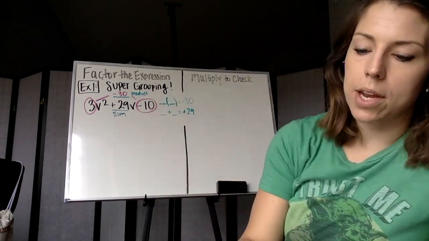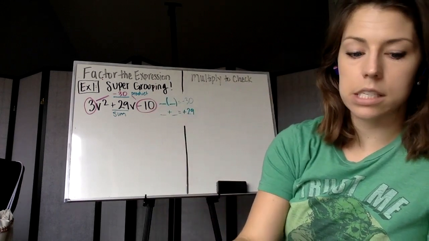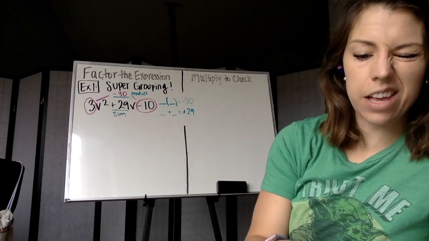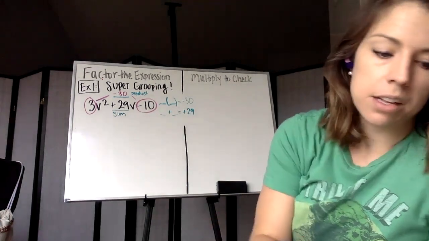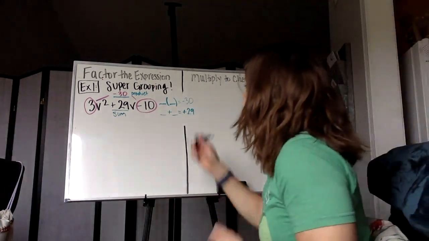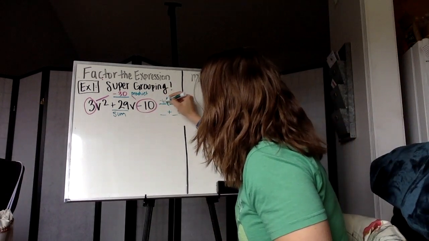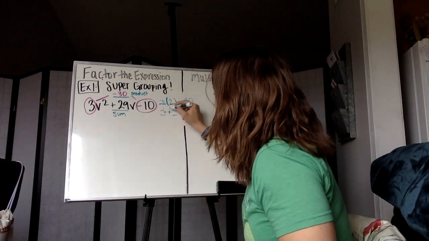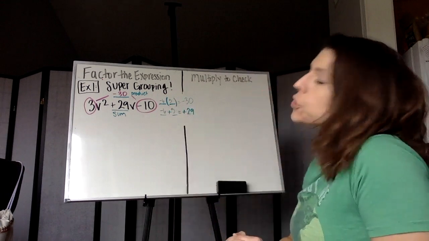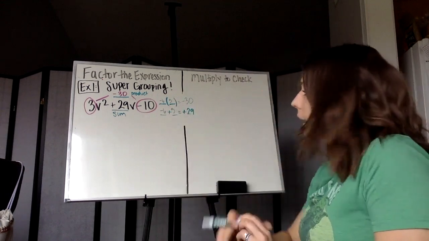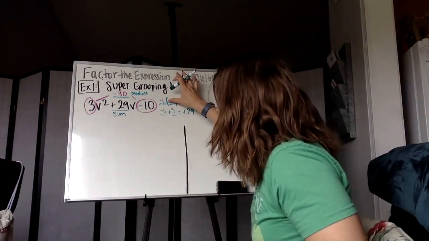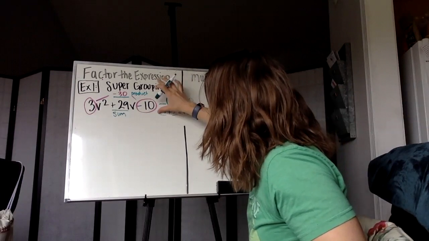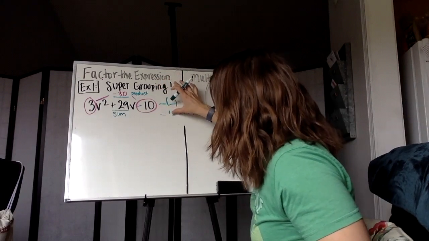Negative 30. How about negative 6 and 5? Do I believe that? Yeah, try negative 6 and 5. Negative 6 times 5 is negative 30. Negative 6 plus 5 is negative 1, which is nowhere near positive 29. So that's not right. What about negative 3 and 10?